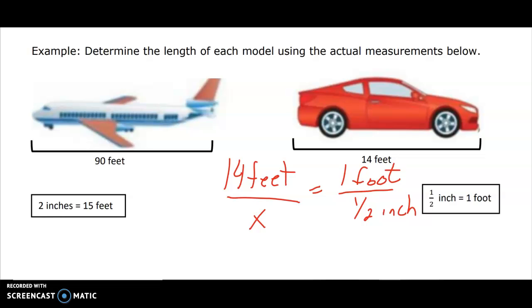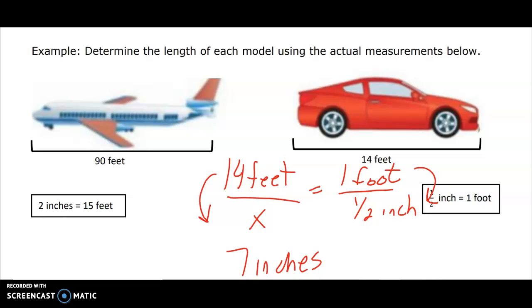2 ways I can do this. I'm going to say that if I go from here to here, to get to the denominator, I divide by 2. So I'm going to have to divide by 2 to get to the denominator, and that's 7 feet, or so, nope, not feet. Make sure you do your right units. That's 7 inches.